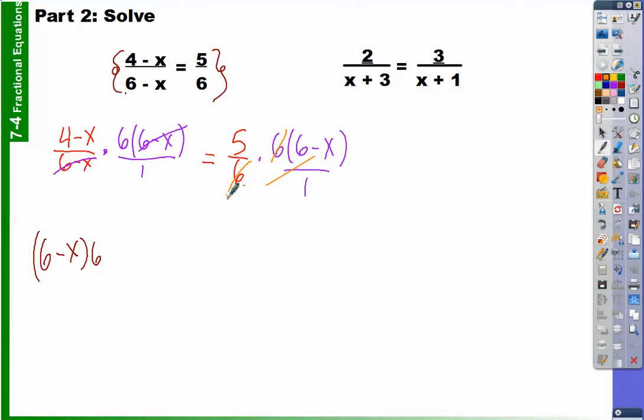So now I'm left with no denominator. So you notice how this is canceled and this is canceled, right? So I'm going to rewrite the problem: we have 4 minus x times 6, and this is going to be equal to 5 times 6 minus x.